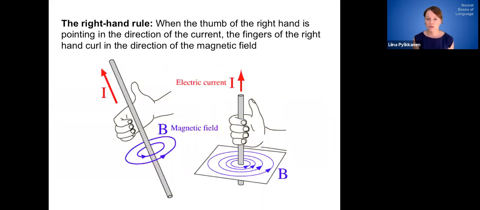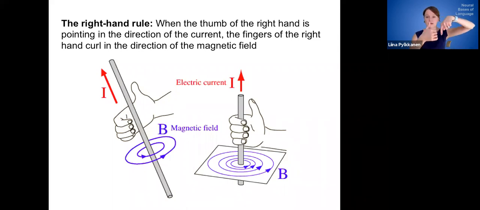And so now, in order to be able to think about the relationship between the current and the magnetic field, we need to keep the right-hand rule in mind. So what's the right-hand rule? It tells you that if you take your right thumb and then wrap the fingers around it, the direction of the magnetic field, assuming that the thumb is the current, so the thumb is now pointing upwards, so the current would be flowing in this direction, just like in the slide here.